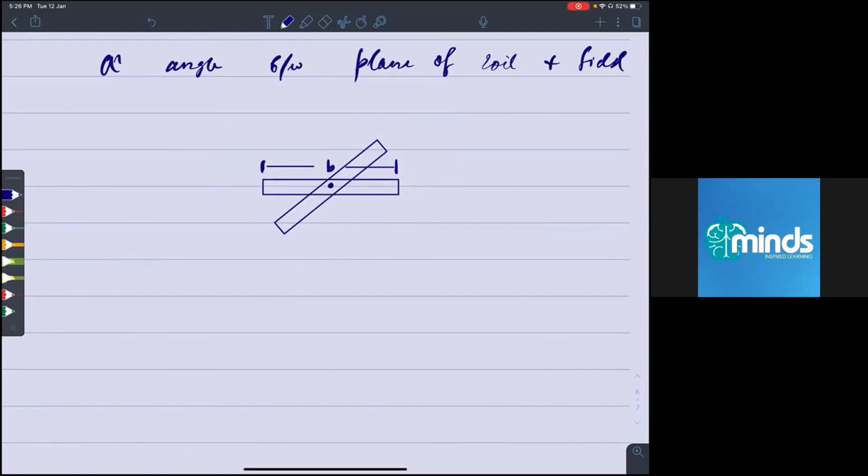The force will be like this. Here it is in the downward direction, here it is in the upward direction. To calculate the moment, we need the perpendicular distance between the two forces which form the couple. So that distance will be this distance.